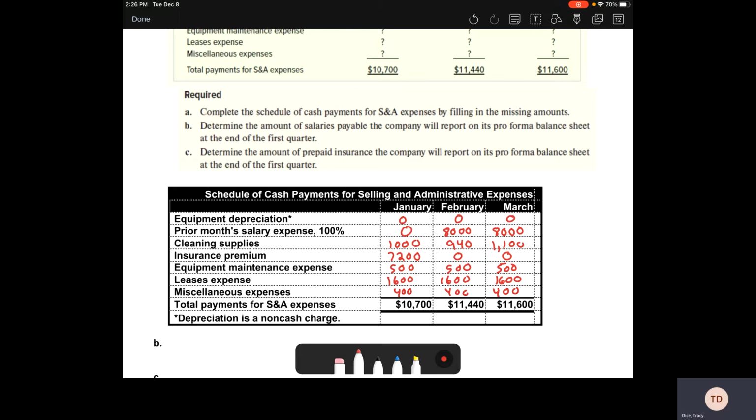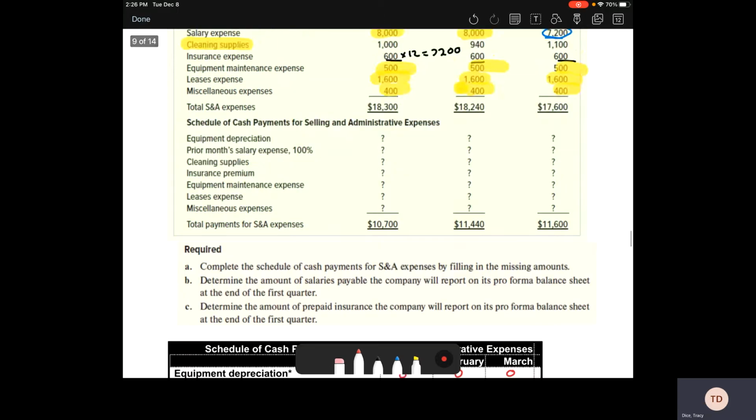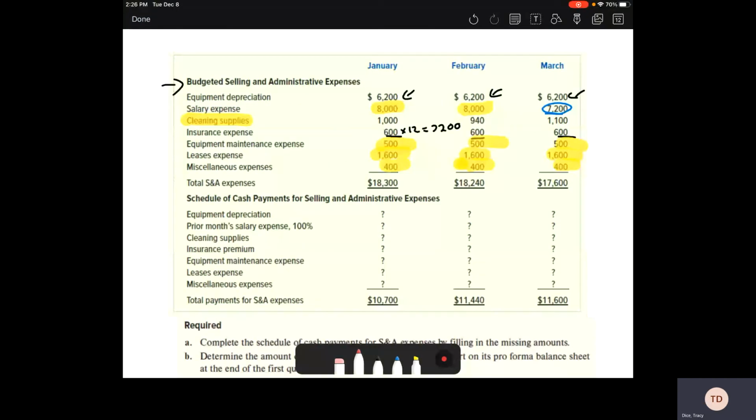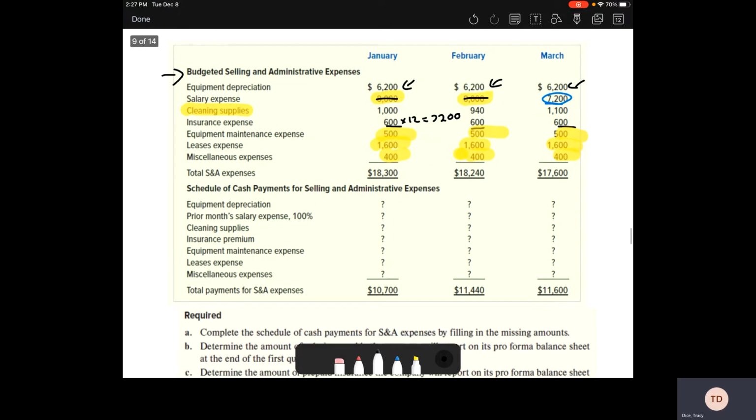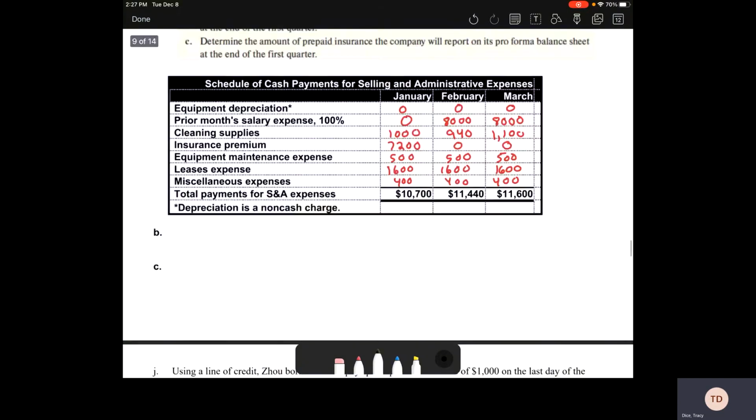So that's part A. Part B says determine the amount of salaries payable the company will report on its pro forma balance sheet at the end of the first quarter. We kind of already talked about that. If we look back up here, we've paid off our salaries expense of $8,000. That's gone. We paid off that $8,000. So all that we have left is the month of March, which would be the salary expense incurred in March, is what's due.